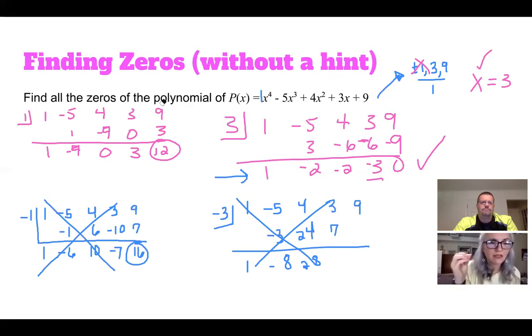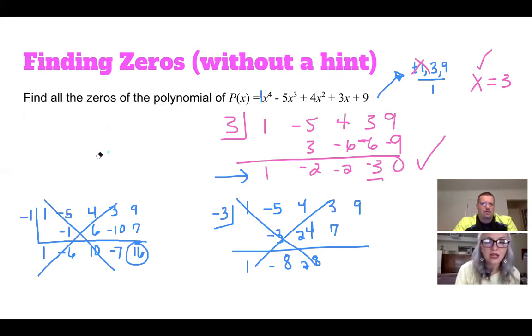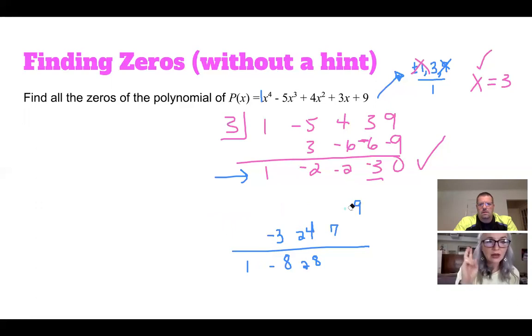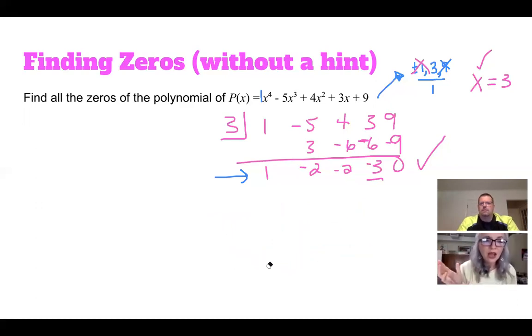Because we should be able to factor that now. But once we see that this constant -3 doesn't include the 9 that the original one did, that's going to get rid of 9 for us. We already know that 1 and -1 don't work. We already know that -3 doesn't work. So now we're just left with 3.